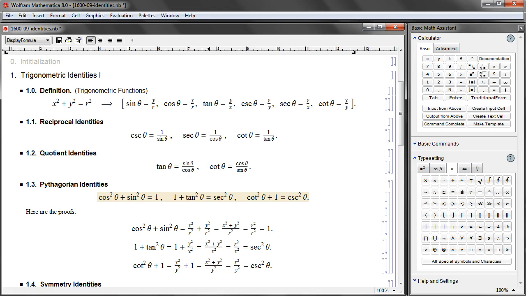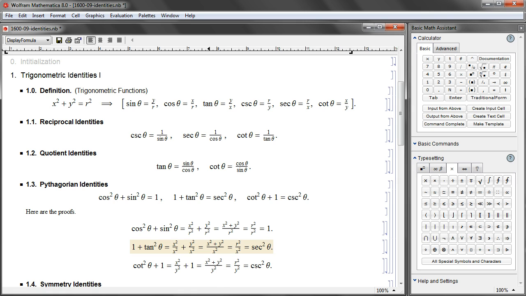Manipulate, you mean, by just taking the common denominator. How about this one? 1 plus tangent squared. Well, tangent is y over x. So tangent squared is, of course, y squared over x squared. Now, how about 1? Well, in order to take the common denominator, you can express 1 as x squared over x squared, and then put the numerators together.